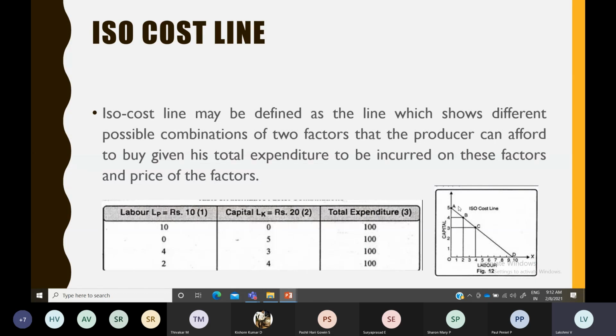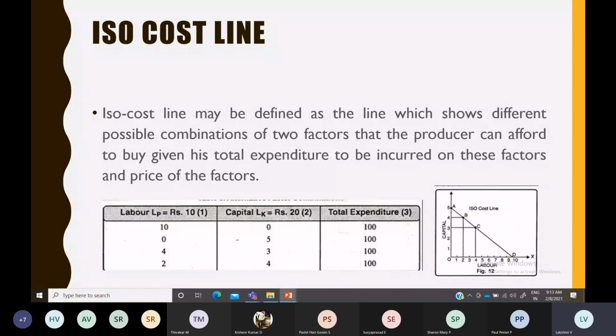So this is the line which shows the various combinations of two factors. Here he is going to use two factors, one is labor and the other is capital. He must have a mix of these two together so that his total expenditure remains constant throughout. Before this, whatever we have seen, isoquant versus iso-cost, what is the basic difference?